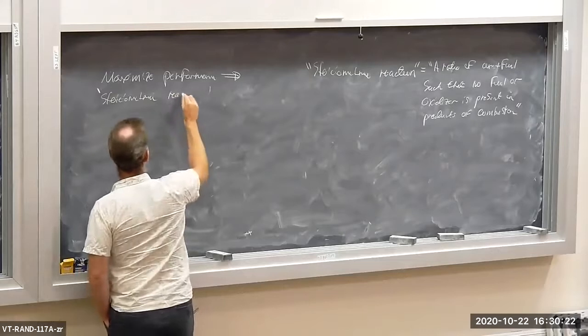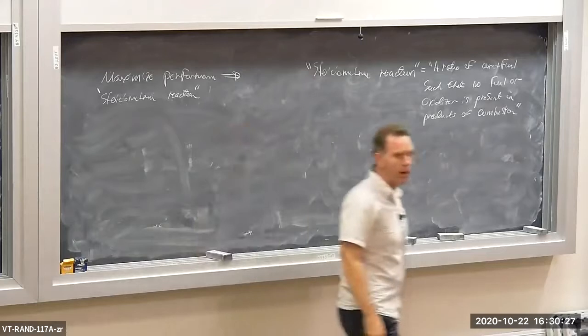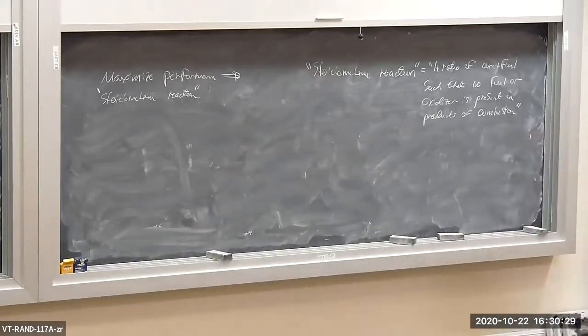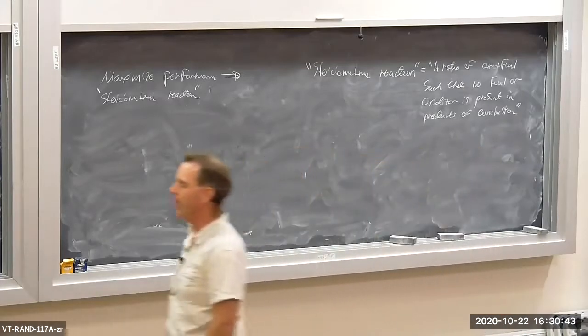So just the right amount of fuel, just the right amount of oxygen, minimizes emissions, produces the most heat release, and your internal combustion engine produces the most power, the best emissions, best fuel economy. You want to be near a stoichiometric reaction.